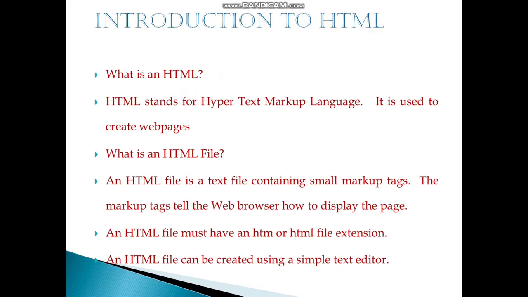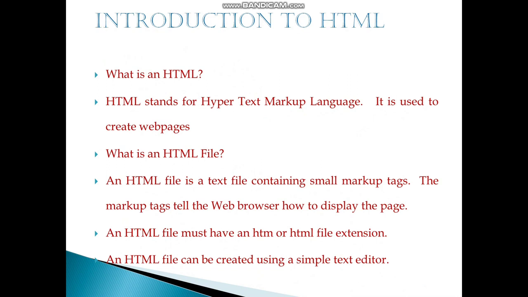What is an HTML file? An HTML file is a text file containing small markup tags. The markup tags tell the web browser how to display the page. An HTML file must have an .htm or .html file extension. When you save an HTML document, you have to put the .htm or .html extension.